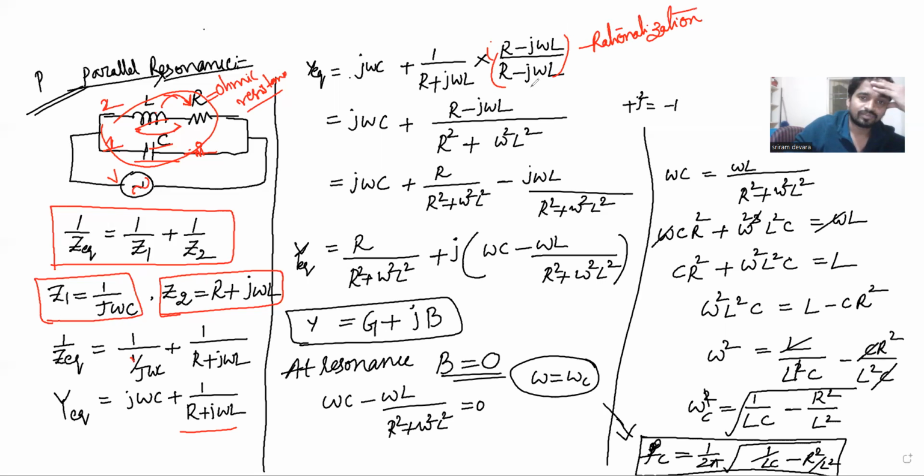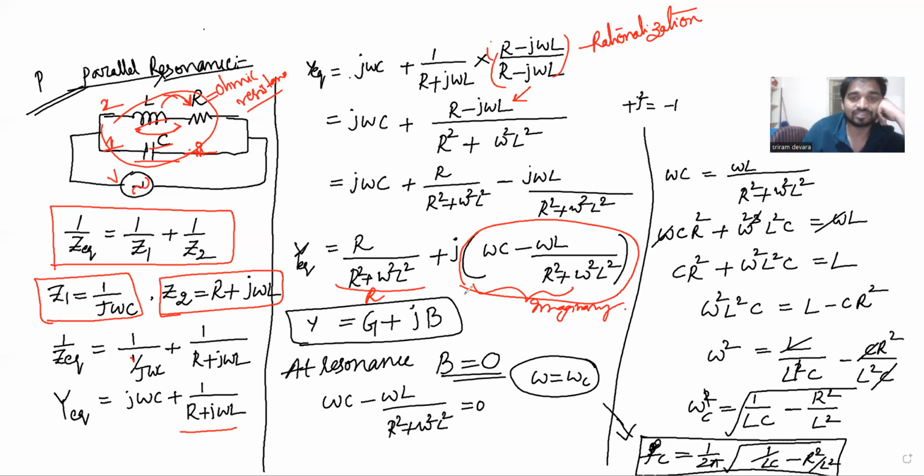After converting, I separated the real part and the imaginary part. At resonance, this imaginary term has to be 0. Why? Because at resonance, both voltage and current should be in phase. That situation happens because of this imaginary quantity, which is responsible for the phase change in the parallel circuit.